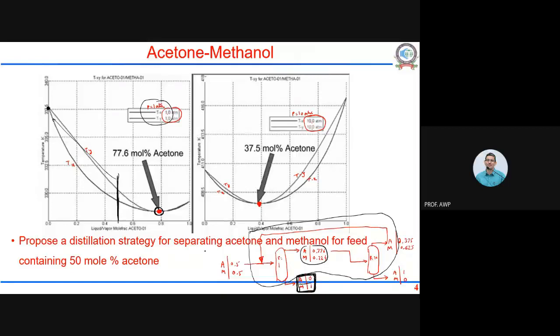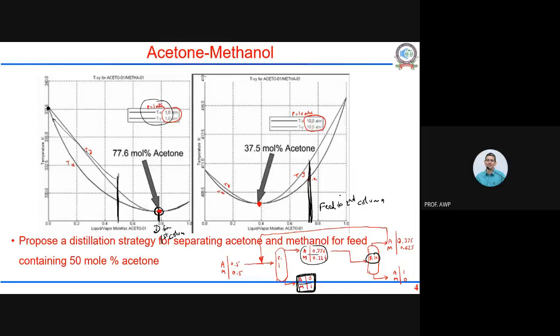Now at the distillate we are at a composition of 0.77, somewhere here. This is our distillate from the first column. If we use that as a feed to the second column, we would be here. Now if I operate this second column at a higher pressure, we are on the other side of the azeotrope. In the first column we were on the left side of the azeotrope.